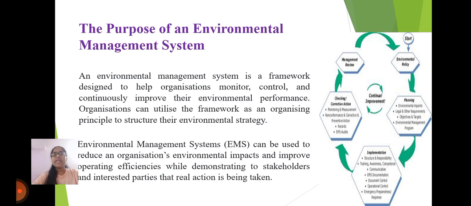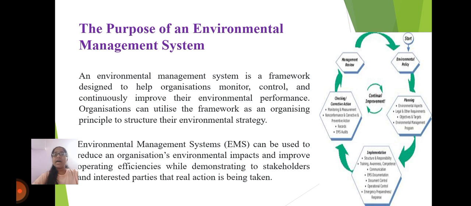The next topic is the purpose of an environmental management system. Let us learn why we need it in our society. An environmental management system is a framework designed to help organizations monitor, control and continuously improve their environmental performance. Organizations can use the framework as an organizing principle to structure their environmental strategy.